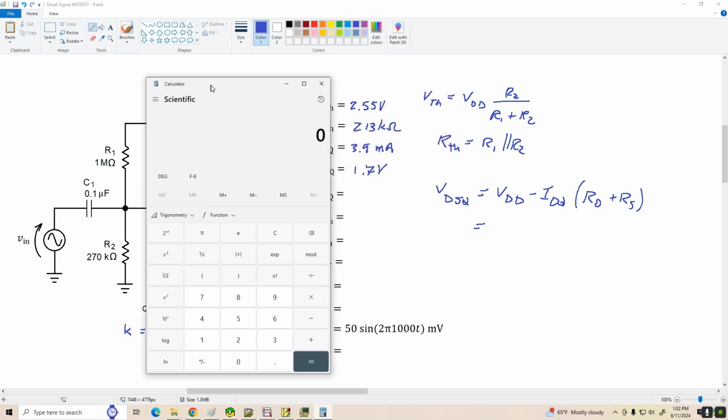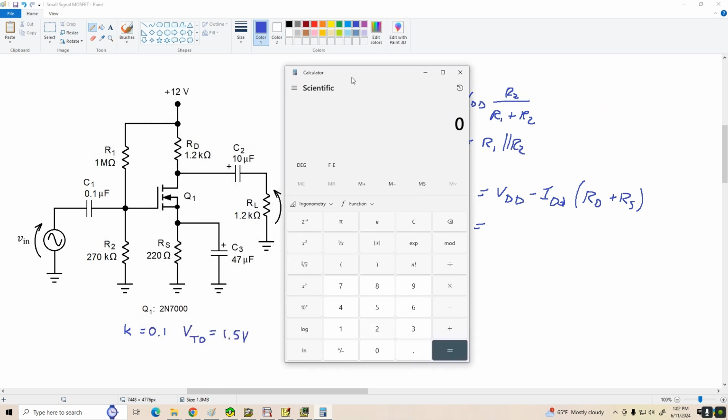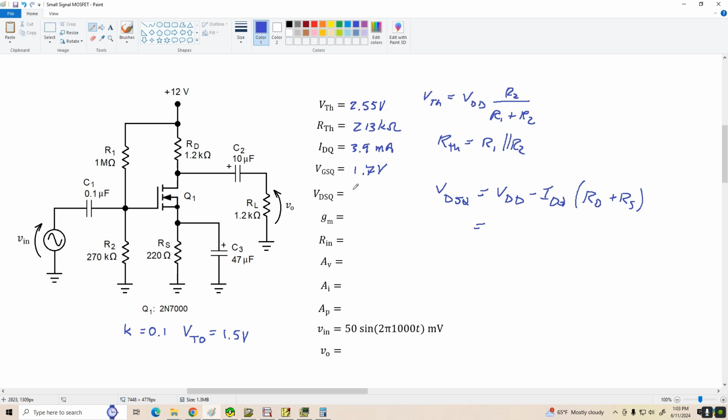IDQ was again 3.9 milliamps, so we've got 0.0039 times 1200 plus 220, and we'll subtract that from 12, or minus 12, and ignore the negative sign, and we get a VDSQ of about 6.5 volts. Okay, I'm going to write that here, 6.5 volts.